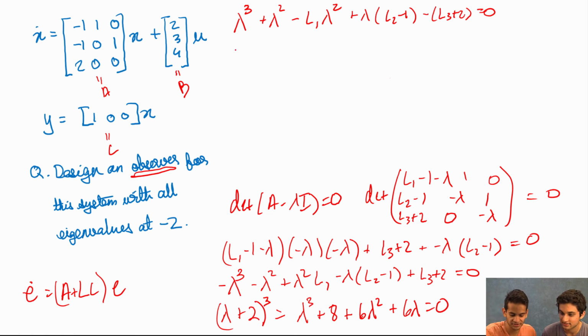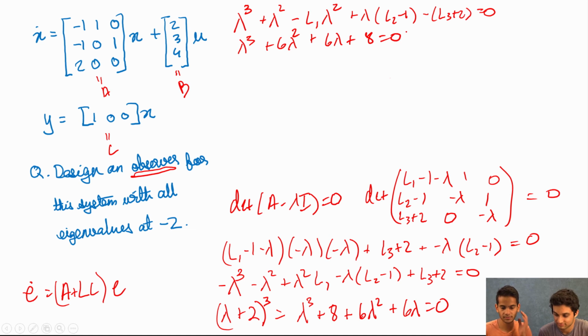And then we want to match it to lambda cubed plus 6 lambda squared plus 12 lambda plus 8. So we want this whole constant term to be equal to 8. So we have minus L3 plus 2 equals 8.